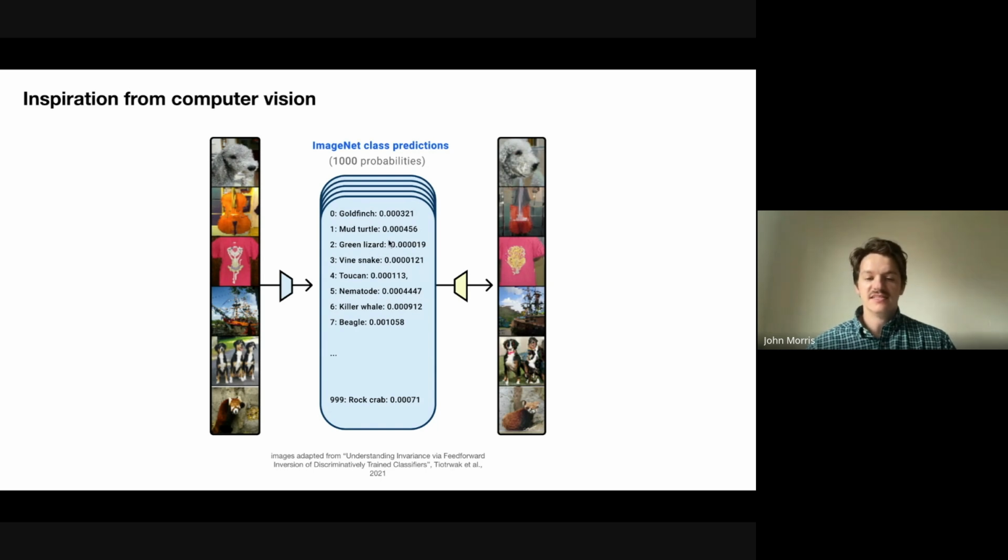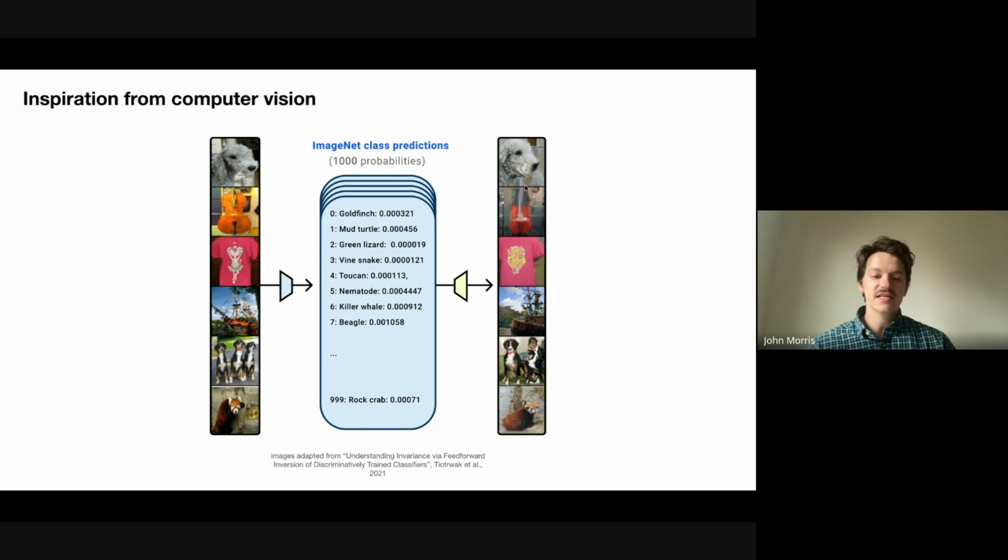It seems like the difference, like in entry 2, if green lizard is 0.00019 or 0.000019, these little differences in the small numbers have a large impact on what is actually contained in the input image. And you can learn a model that infers from these little numbers what the input was.